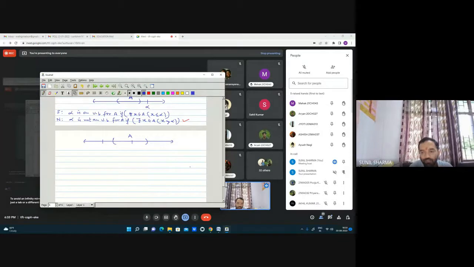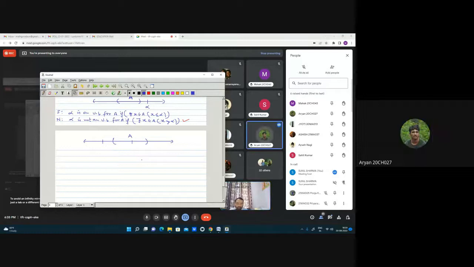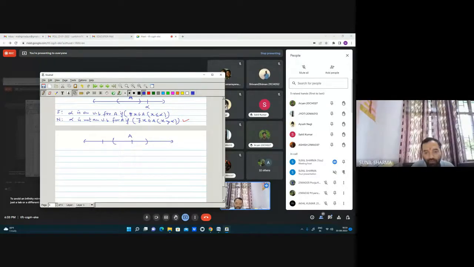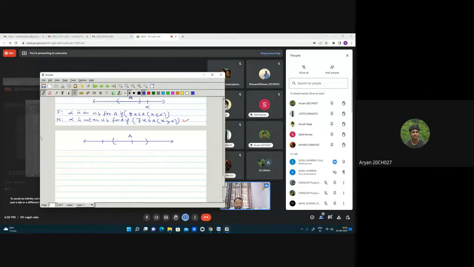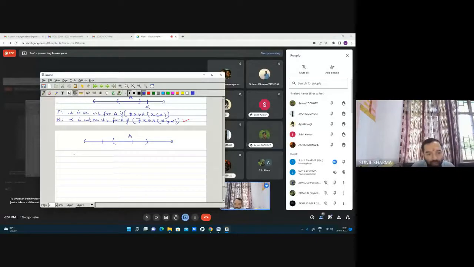Within the set or outside the set, meaning left of set A. Yes, Aryan? So it can be in both circumstances. It is true because it is saying for some members of A. It may be in set A or it may be left of A. Okay.